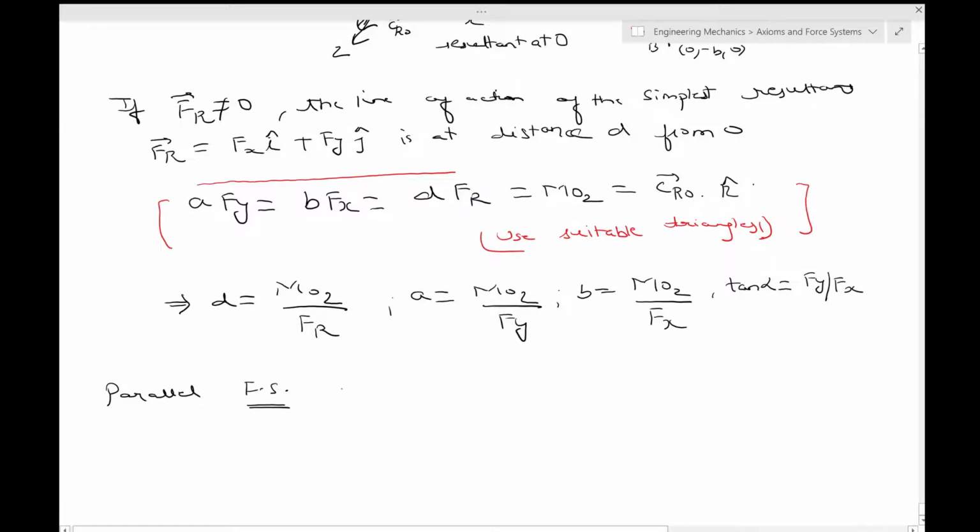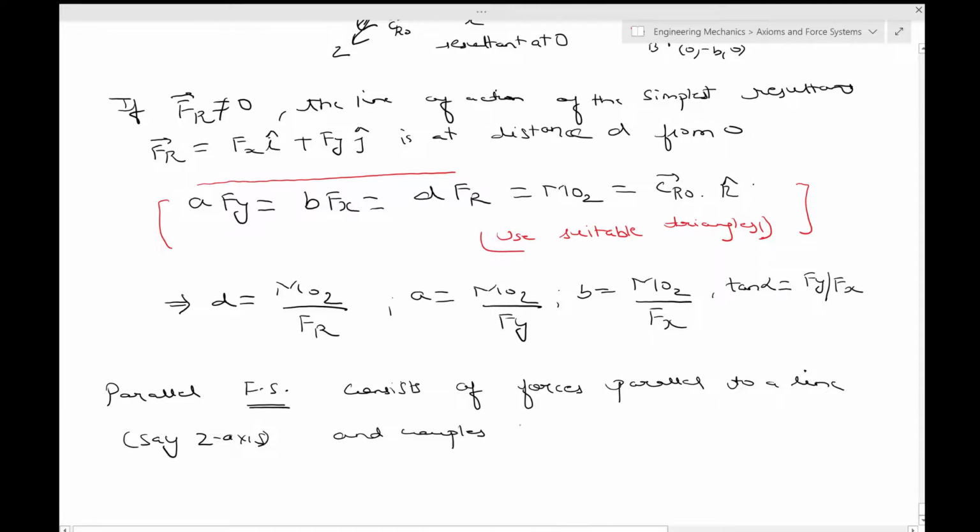This consists of forces parallel to a line. Say, what is the line? It is the z-axis, and couples with moments normal to this line.